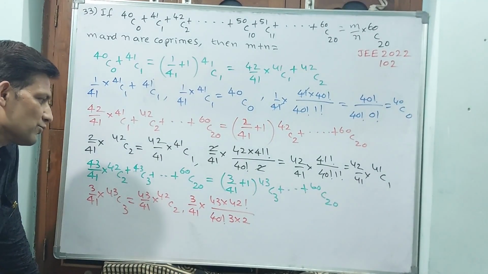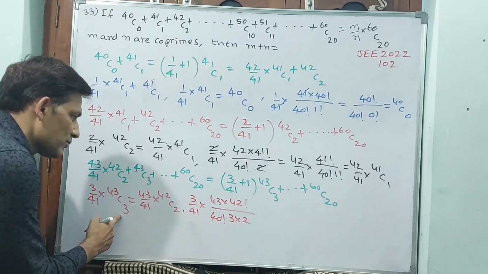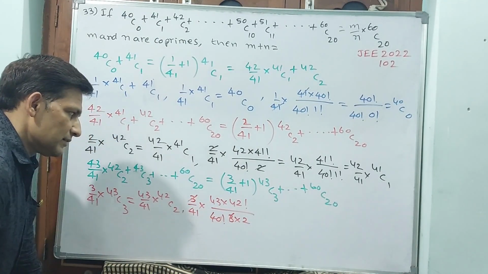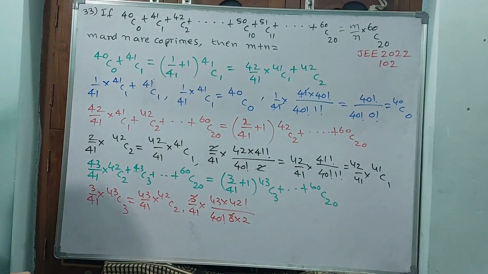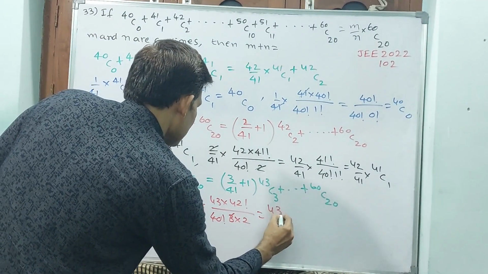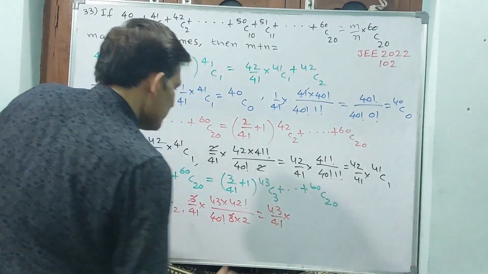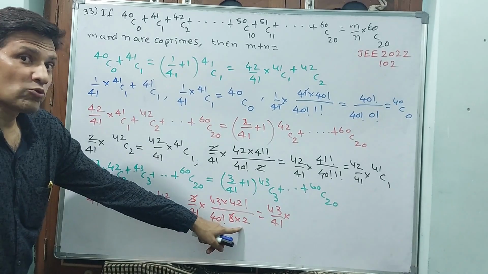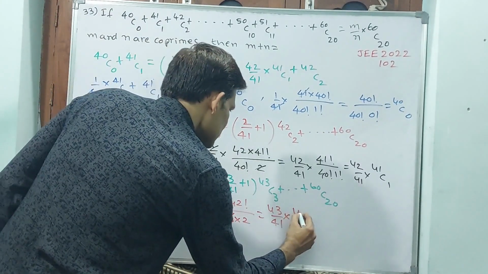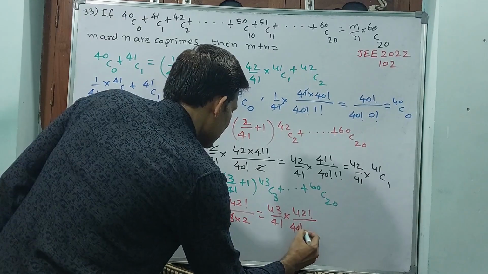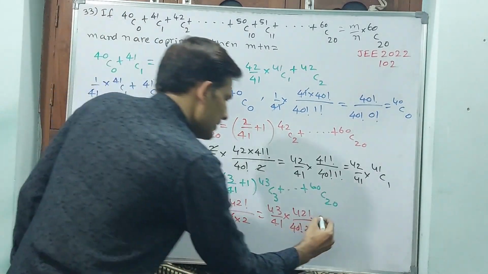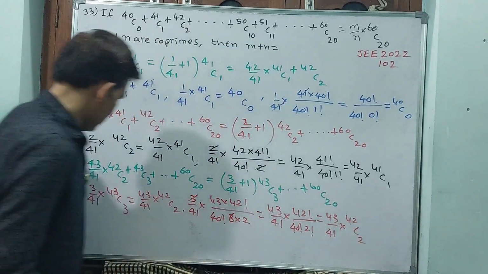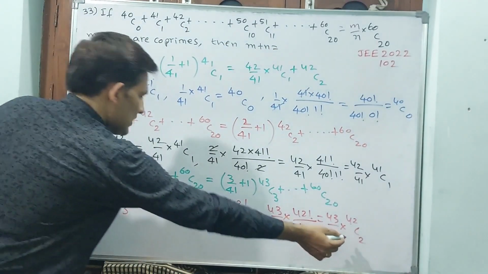Now these 3 you cancel out, and this is going to become 43 by 41 into 42 factorial by 40 factorial into 2 factorial, taking this 2 as 2 factorial. This is going to become 43 by 41 into 42C2.